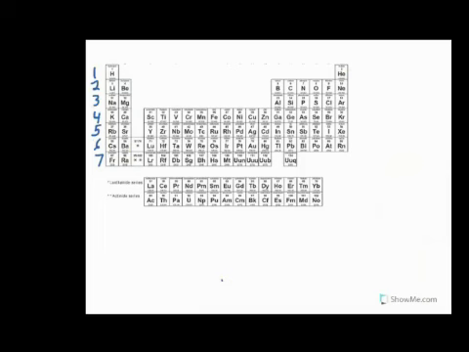Let's do something a little more complicated. Oxygen. Oxygen has 8 electrons. We get that from the atomic number, 8 electrons. And we'll start putting them in. We start at this row. Always we start up here with the 1s, 2. Then we start filling the second row right here. So that's the 2s. I know it's 2 because it's on the second row and it's in the S block.